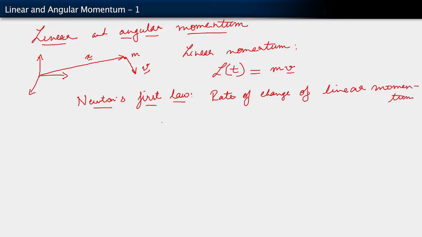This quantity is, of course, L dot, and it's very easily defined here as m v dot. And we know that v dot, being the rate of change of velocity, is the acceleration, so we often write it as m a.